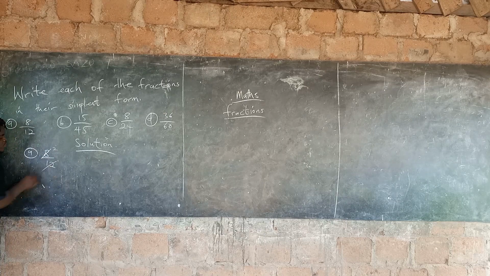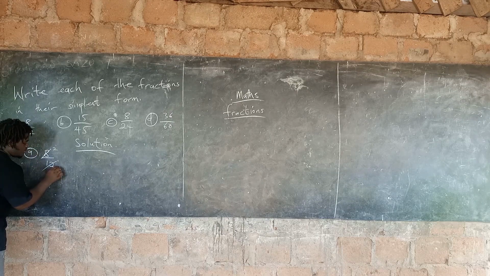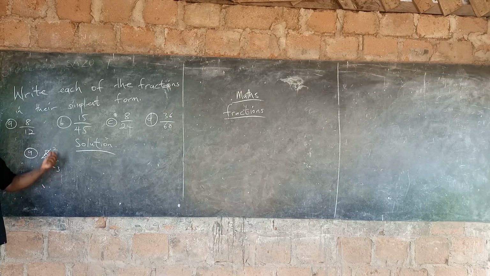And then 4 will go into 12 how many times? It will go into 12 3 times. So 4 times 2 is 8. 4 times 3 is 12. So when 8 is divided by 4, it will be 2. When 12 is divided by 4, it will be 3.